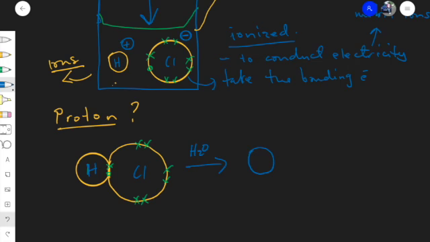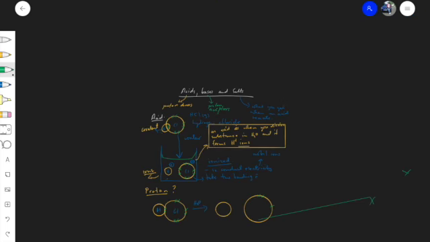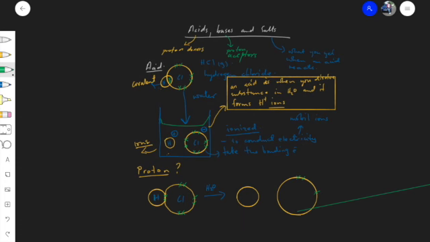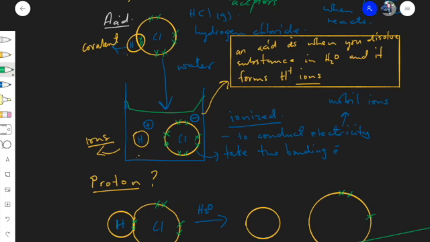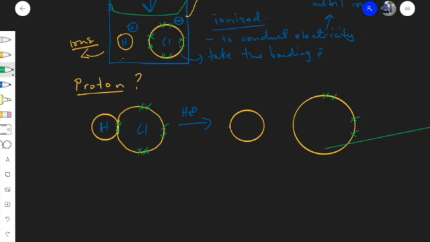Sorry about changing the color there. There's your hydrogen, and this is your chlorine. So your hydrogen is left without any electrons. For some reason it reduced size.